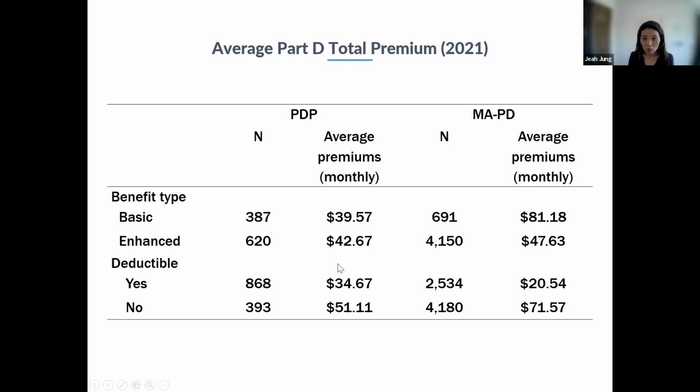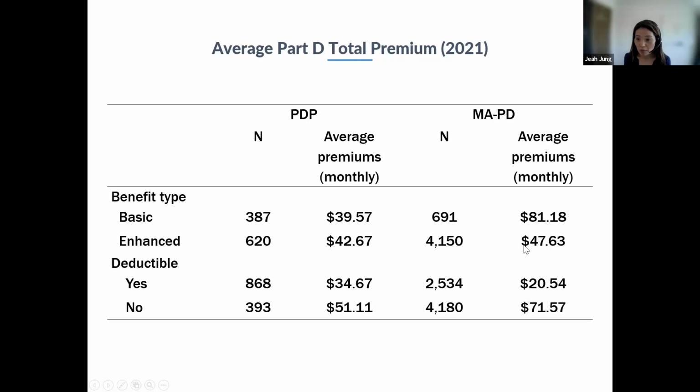I cannot say, but on average, we saw in the morning that premiums are usually lower for MAPDs than PDPs, but here it's not clear when we broke this down by benefit type and deductibles. Another interesting observation here, and this is not a typo, is that MAPDs provide enhanced benefits, but their average premium is actually lower than the MAPDs that have a basic benefit package. But this is true.